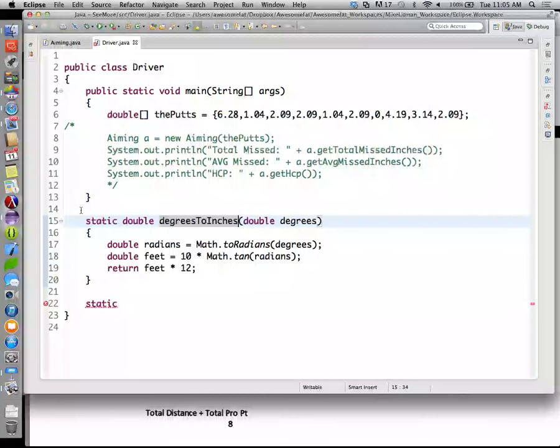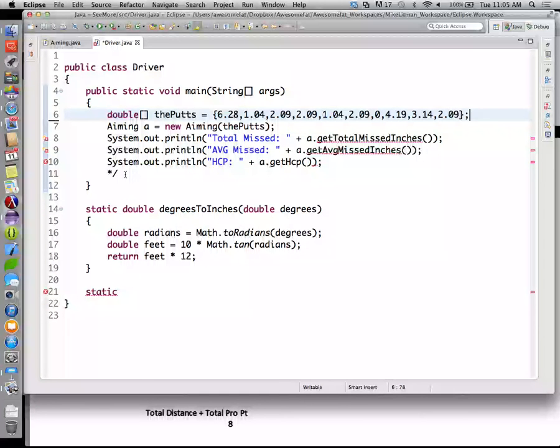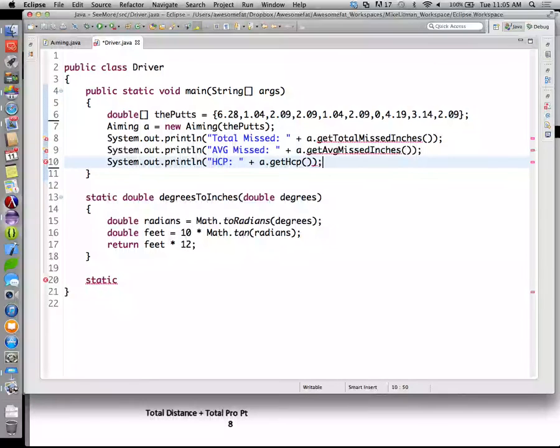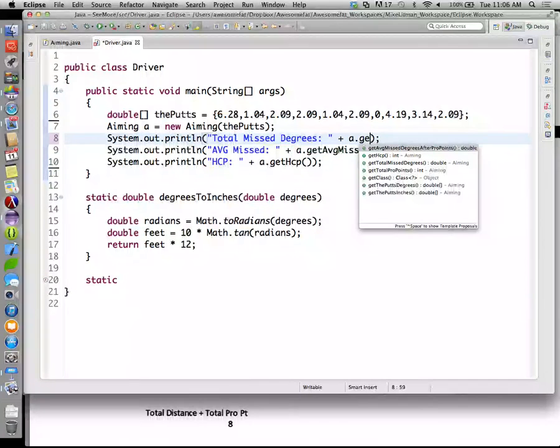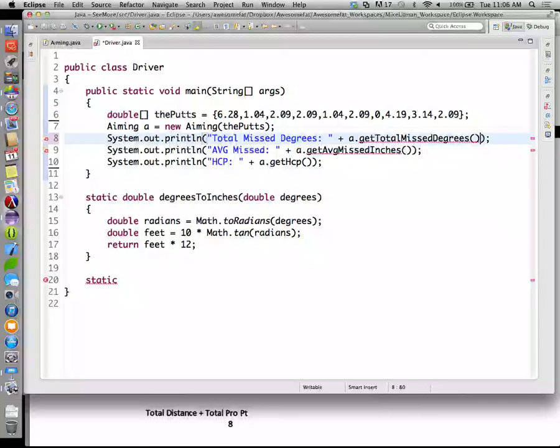So we'll come back out here. Create a Aiming, pass it the putts. Total missed degrees would be a.getTotalMissedDegrees.